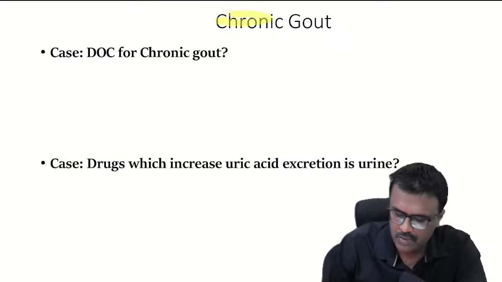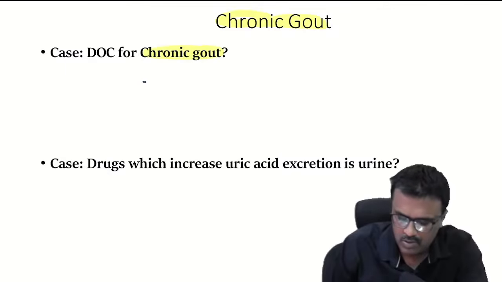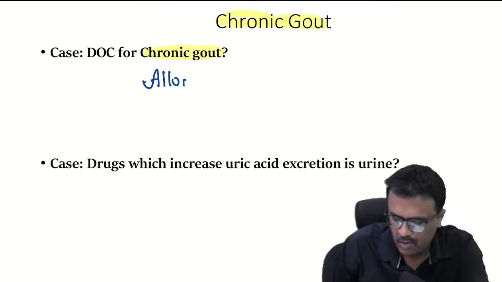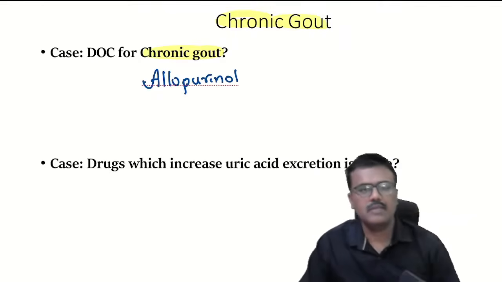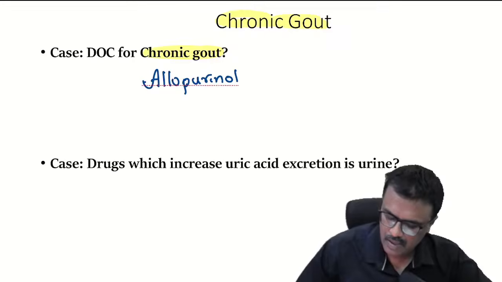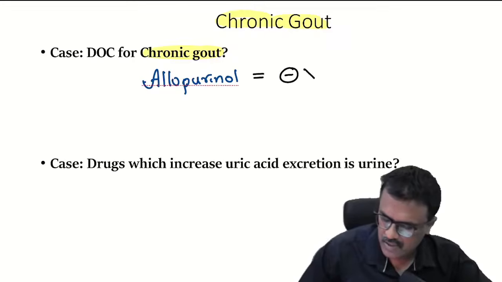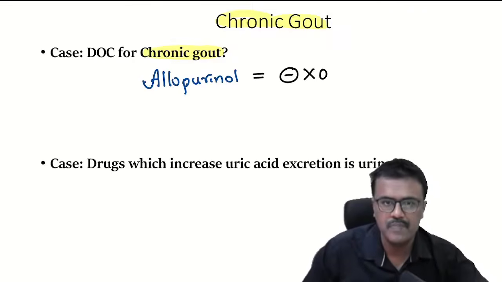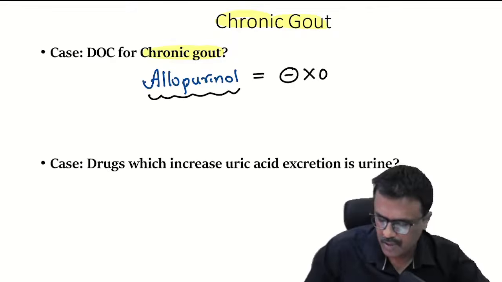Coming to chronic gout, what is the drug of choice for chronic gout? The name is allopurinol. What does it do? It inhibits the enzyme xanthine oxidase. It's a derivative of purine.